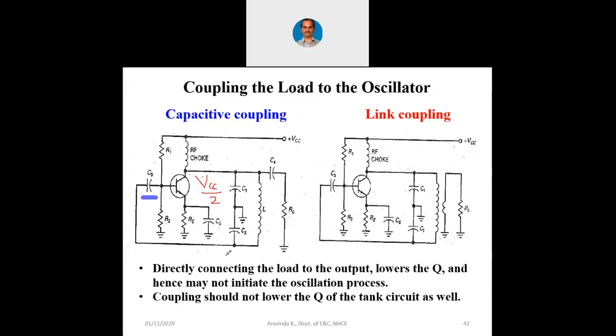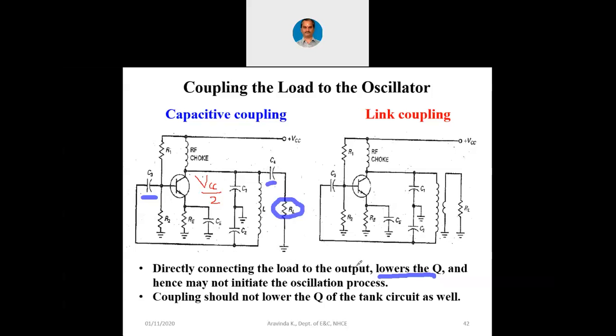Why can we not directly couple? See, directly connecting the load to the output lowers the Q. Now we have this RL, right? Again we have one more coupling capacitor here, C4. Now you can see the load is connected to the output by means of this capacitor.